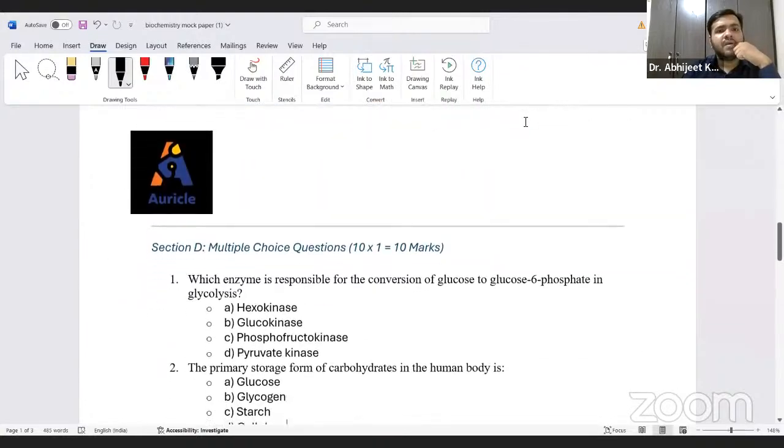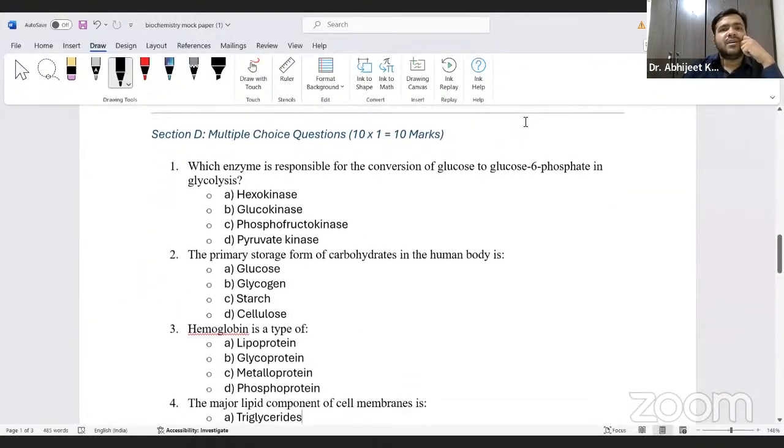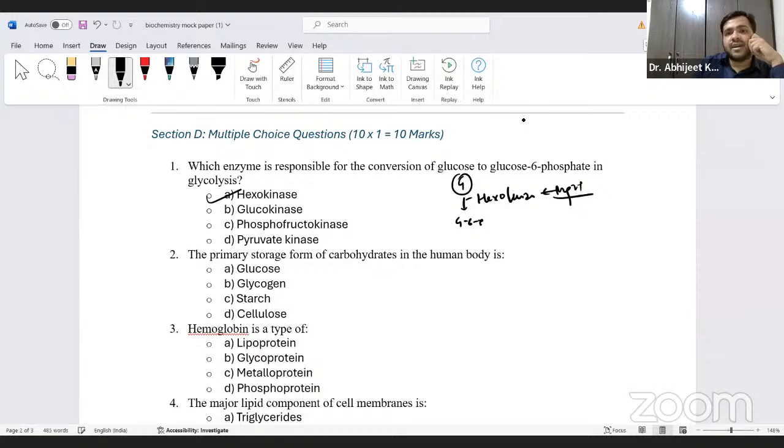Now, guys, these are very easy MCQs. Glucose to glucose 6 phosphate: you already know it is hexokinase. Hexokinase requires Mg+2, and ATP will be broken down in the process. I've told you how to remember the difference between glucokinase and hexokinase.